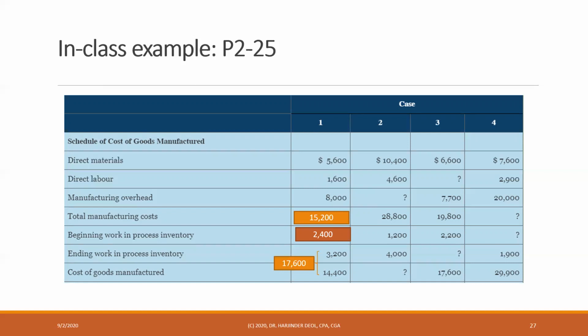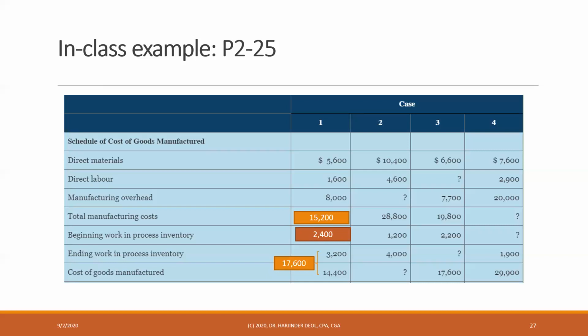Looking at case number 2, they gave us direct materials, 10,400, direct labor, 4,600. They did not provide us with the manufacturing overhead costs, but they tell us that total manufacturing cost is 28,800. Now, whatever the manufacturing overhead cost is, that number added to the $10,400 of direct materials and the $4,600 of direct labor equals 28,800.